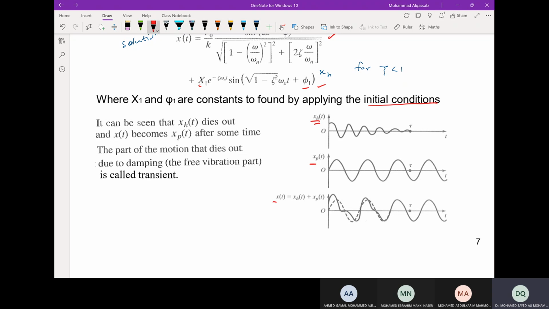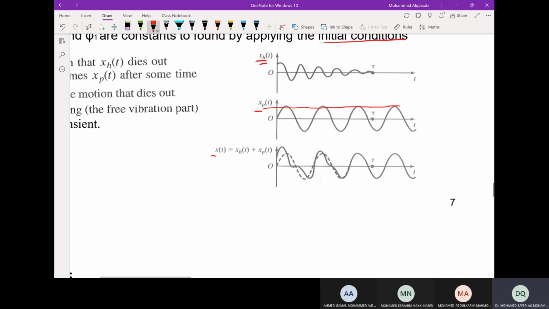It will vanish and becomes 0 after some time. The particular solution is a sine wave, so its amplitude is not changing. So when you add the two together to get the total solution, there will be distortion of the sine wave because you are adding two waves. This becomes a complex wave here.